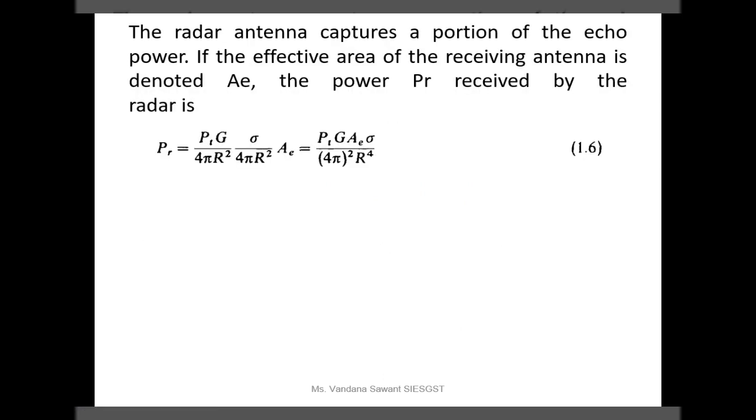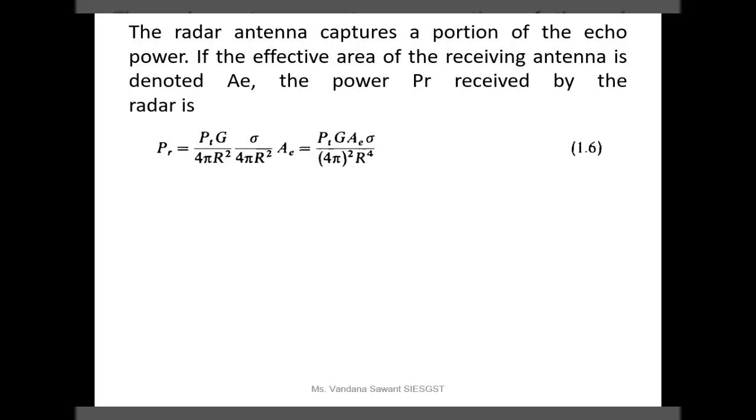Then the radar antenna captures a portion of this power which is re-radiated backward towards it. How much power is captured by this radar antenna depends upon the effective area of this antenna, indicated by Ae.